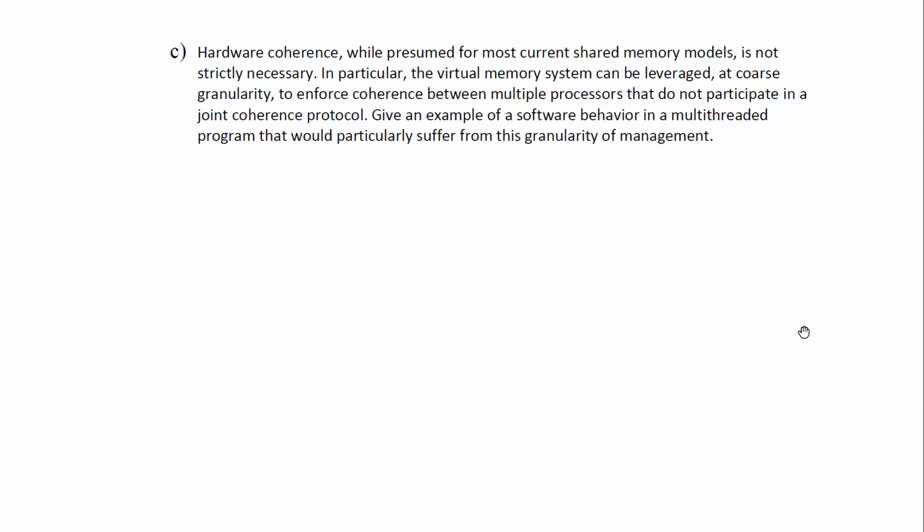Again, software can do anything you want as long as you can tolerate how long it takes for software to do it. So given that it's going to take software a while, you want it to do it for a lot of data at once. If I'm doing coherence at gigabyte, large pages, sure.